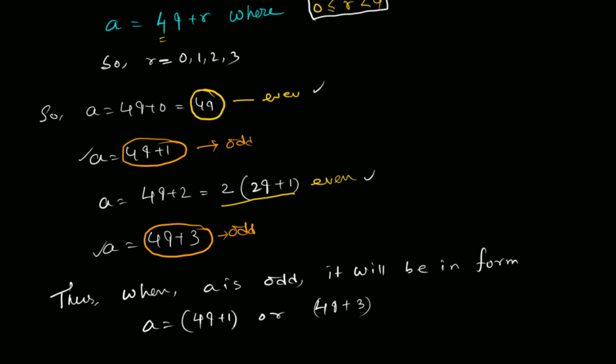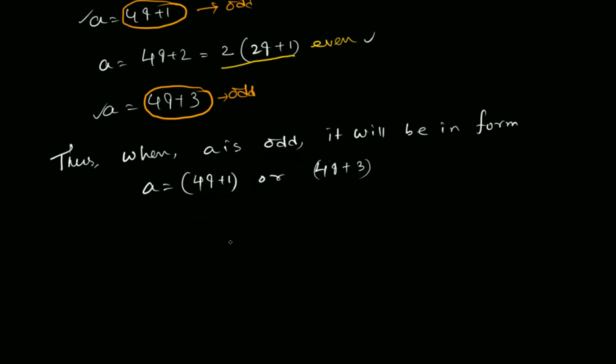And for the other two cases, 4q plus 1 and 4q plus 3 will be odd, because it's an even number plus an odd number, which is always odd. Then we just need to write the concluding statement, or in other words the answer: thus, when a is odd, it will be in the form a equals 4q plus 1 or 4q plus 3.